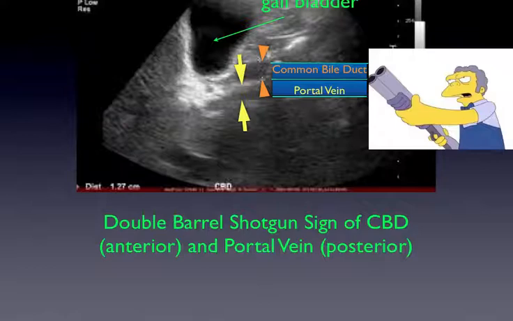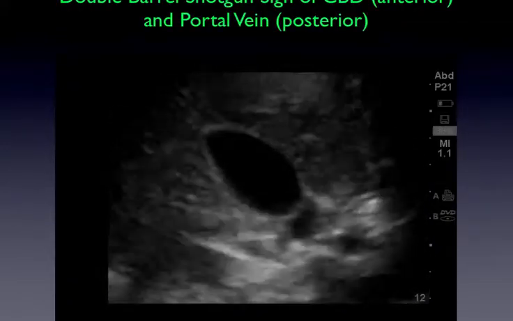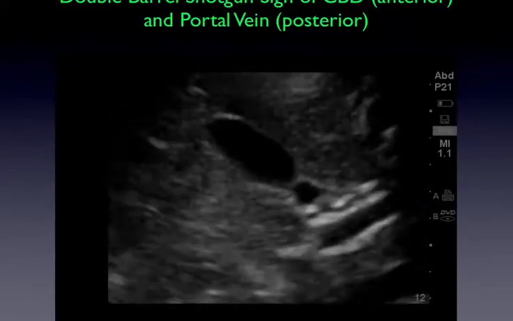So in this image, you can see the gallbladder is labeled, and the common bile duct is the space between the 2 orange arrowheads, and the portal vein, the space between the 2 truncated yellow arrows. The double barrel shotgun sign of the common bile duct can be seen here on this clip.